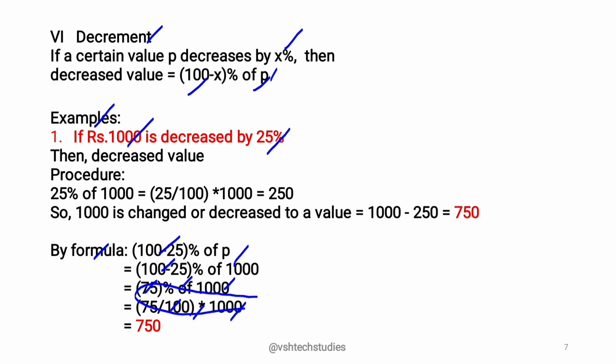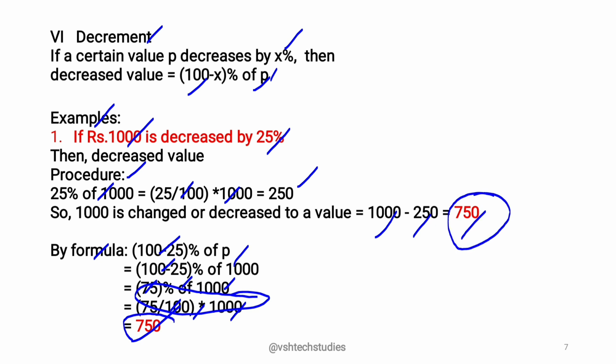If you simplify this, you get 750. By following the steps involved in the procedure, 25% of 1000 means 25 upon 100 into 1000, that is 250. So 1000 decreased by 250 means 1000 minus 250, that is 750.